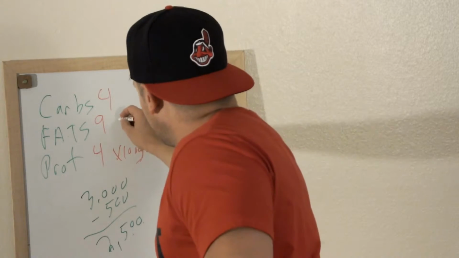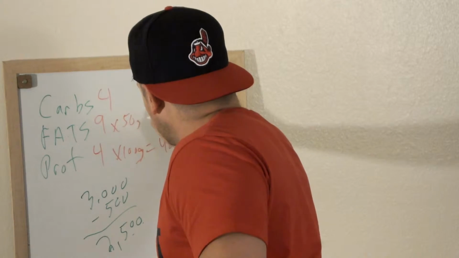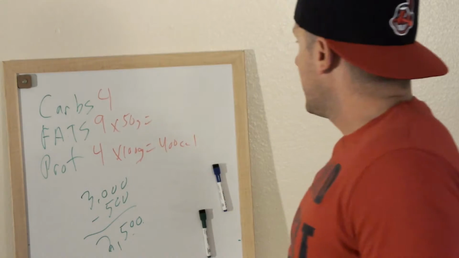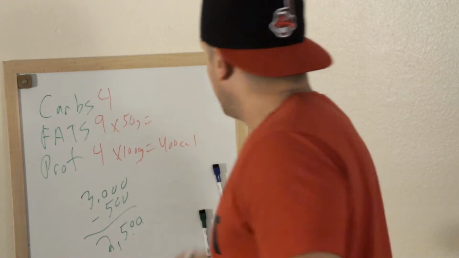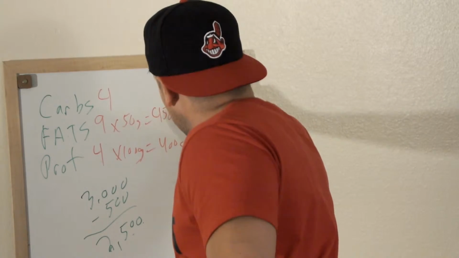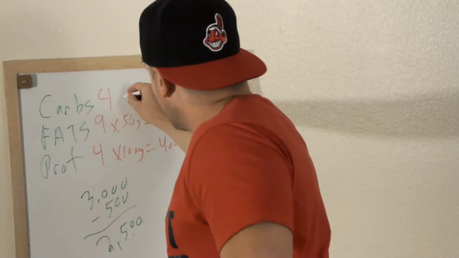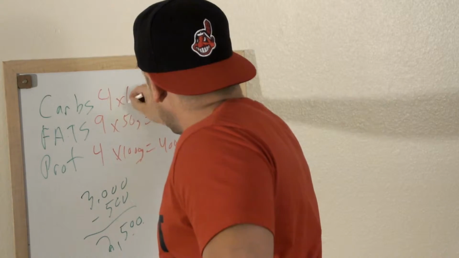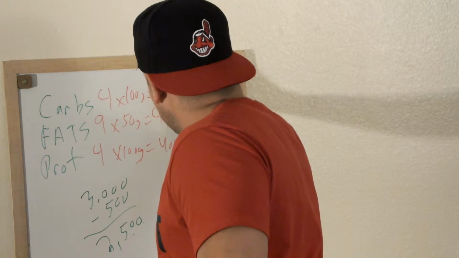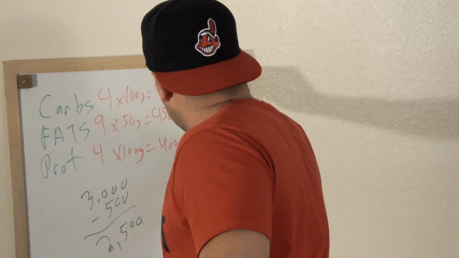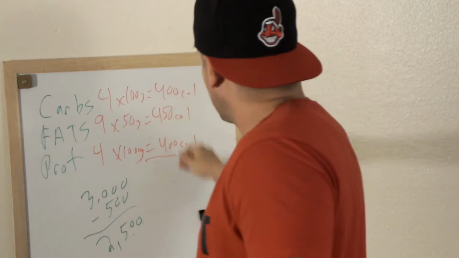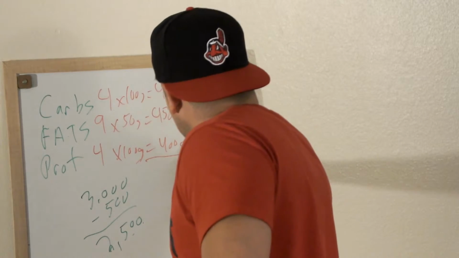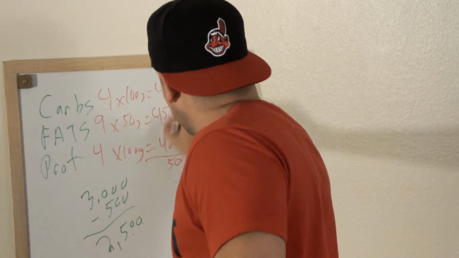Fats, let's say you have 50 grams of fat. That's going to give you 450 calories. Carbs, same thing. You have 100 grams, that would give you 400 calories. So if you add these up, that's 1,250 calories.